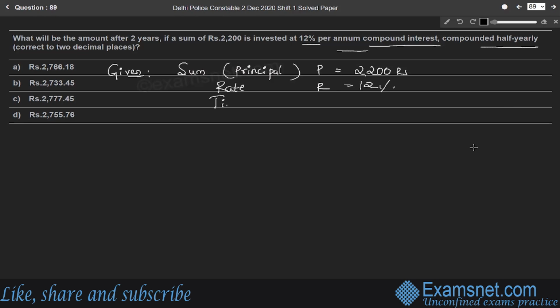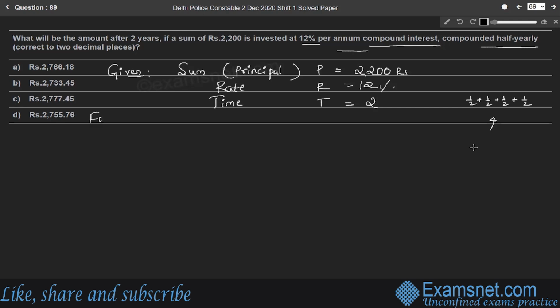So the time T is equal to 2 years. Since the interest is compounded half yearly, the time period becomes half plus half plus half plus half, 4 times. Therefore, T becomes 4 here, right? So here we are using the concept that in compound interest, half yearly means rate of interest becomes half.